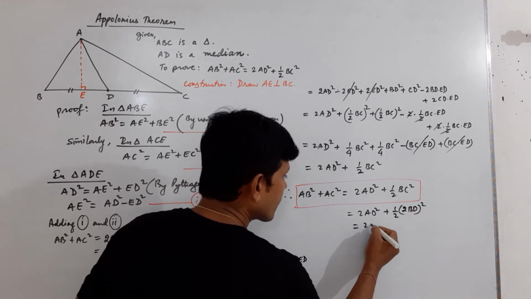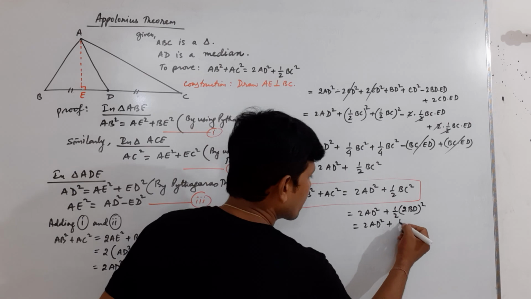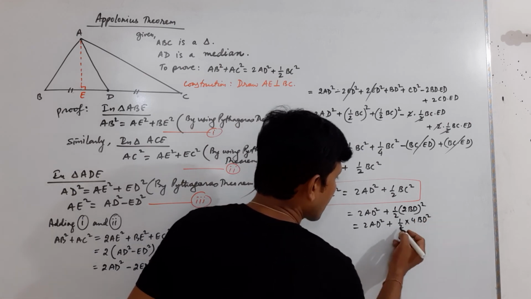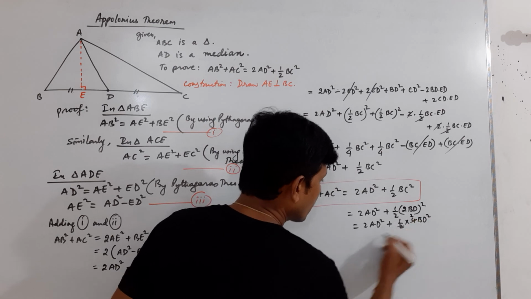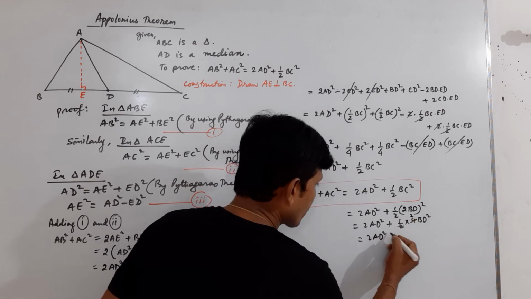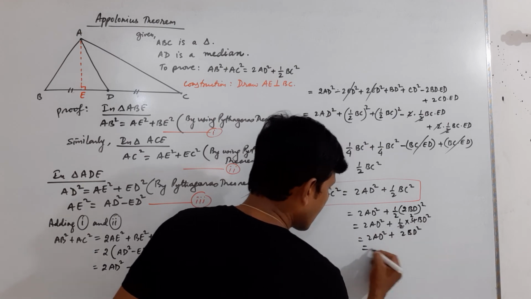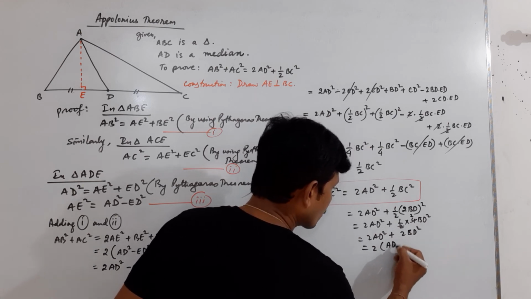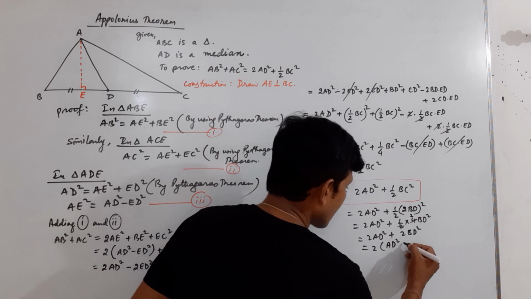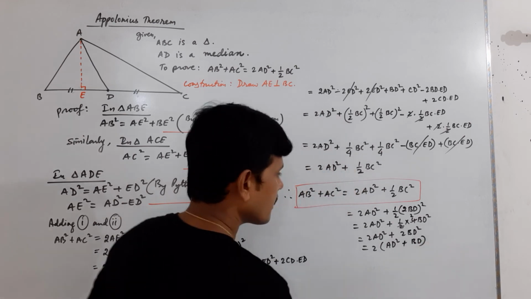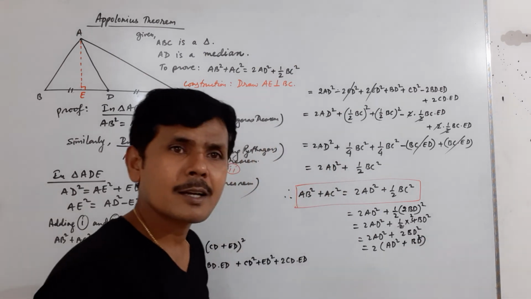So it looks like twice of AD square plus half times 4 times BD square. Now I can reduce it by 2. So we are left with twice of AD square plus twice of BD square, and we can take out 2 common. So we have twice the sum of the square of AD and BD. See, we have got it.